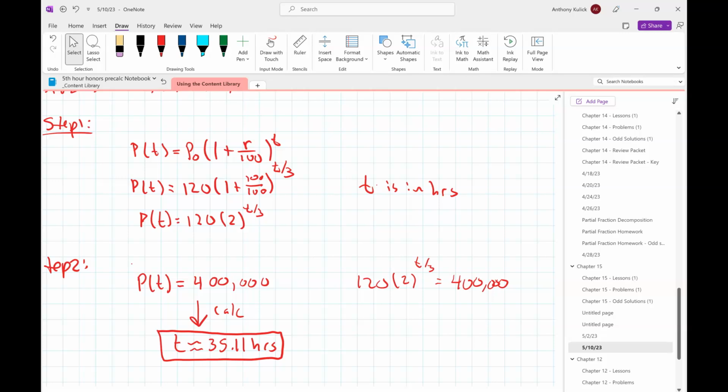So I'm working in the reverse order in my undoing. First thing I'd want to undo is any addition or subtraction. Well, there's none of that. Then I'd want to be undoing any multiplication or division. So the first step would be to get rid of that times 120. So I would divide both sides by 120.